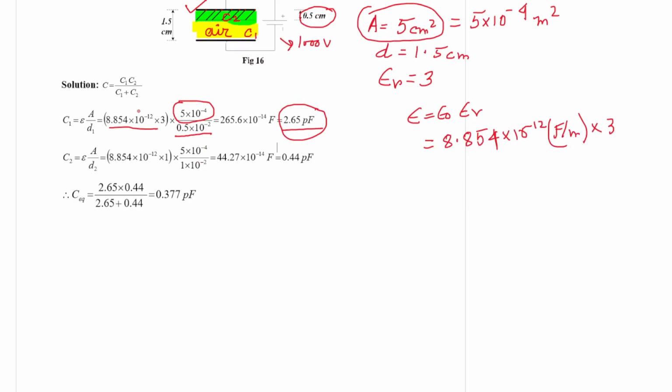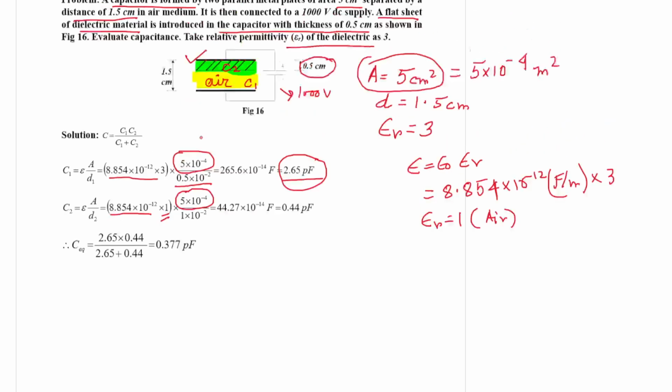Now coming to the air, the similar formula. In this case, instead of 3, we multiply with 1 because epsilon r is 1 for air. The area of cross section is the same.